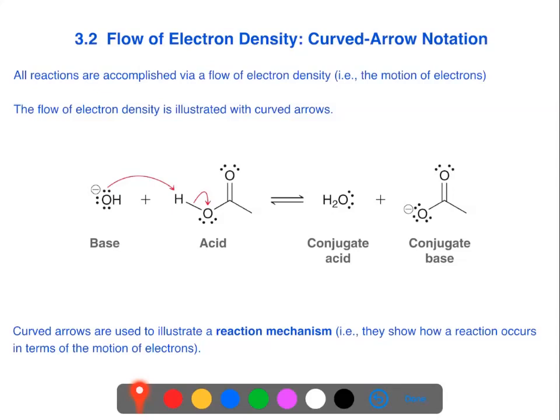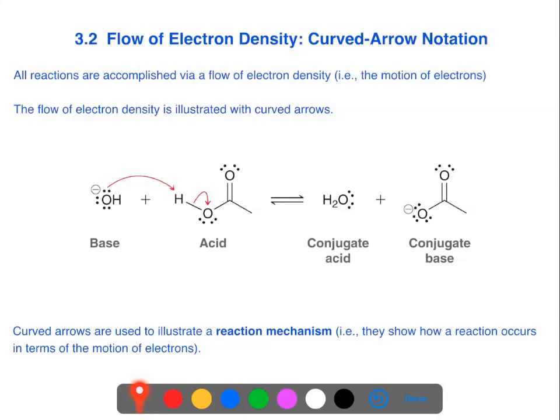So again, as you can see in this example, we have a base present, the hydroxide ion, OH-, and a lone pair of electrons on the oxygen atom are being donated in the formation of a new bond with the proton in this carboxylic acid.